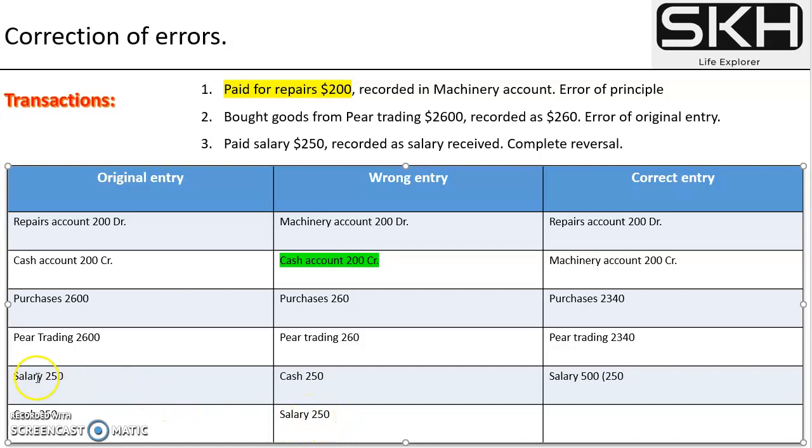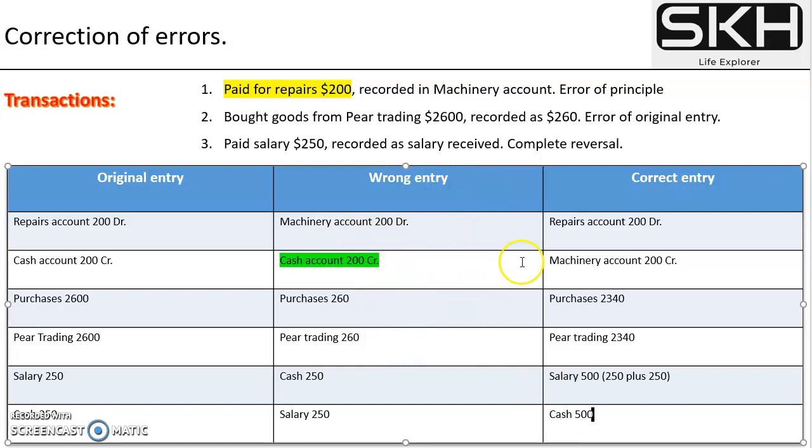But we have to record the salary as well. So 250 plus 250, this is how it will be 500. And the same for cash. So cash should also be credited here by 500.